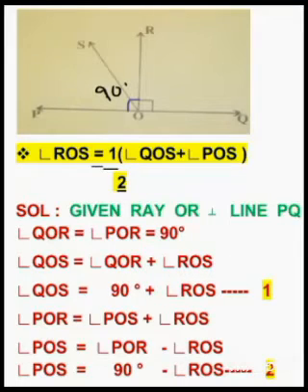In place of QOR, we can write 90 degrees because we got QOR is equal to 90. So angle QOS is equal to 90 degrees plus angle ROS. Let us consider this as equation 1.